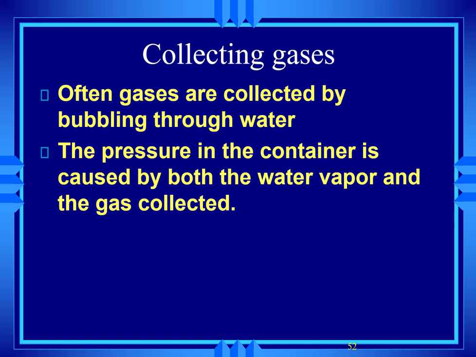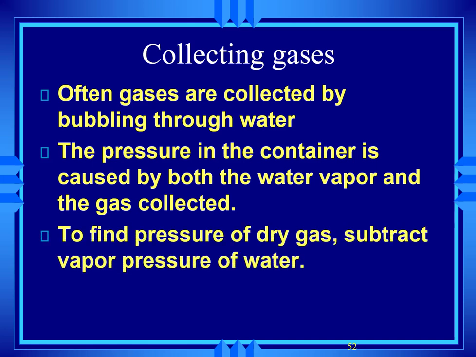So when we said the pressure inside our flask full of butane was the same as the pressure outside, the pressure was the same, but it wasn't all butane. Some of it was water vapor. So I really should have subtracted the water vapor from the total pressure.